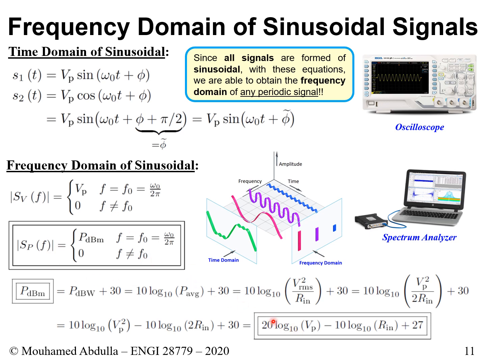And this is very useful because, since all signals are formed of sinusoids, with these equations we are able to obtain the frequency domain of any periodic signal. We said any signal, no matter how complex it is, as long as it is periodic, can be formed based on sinusoids, a bunch of cosines and sines that you add together to get the complex periodic signal.